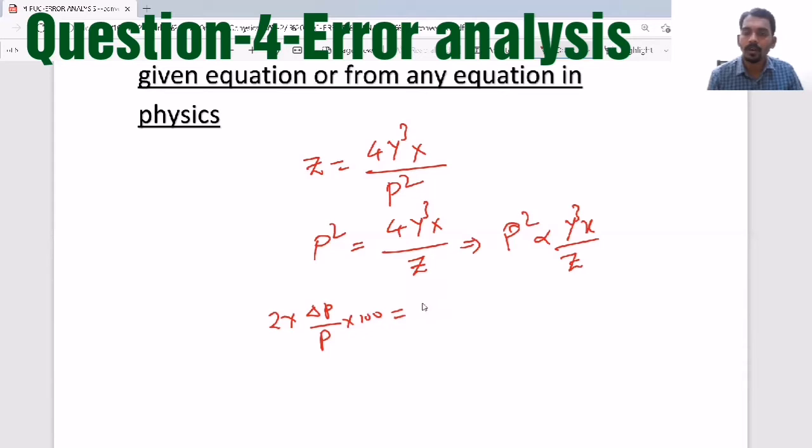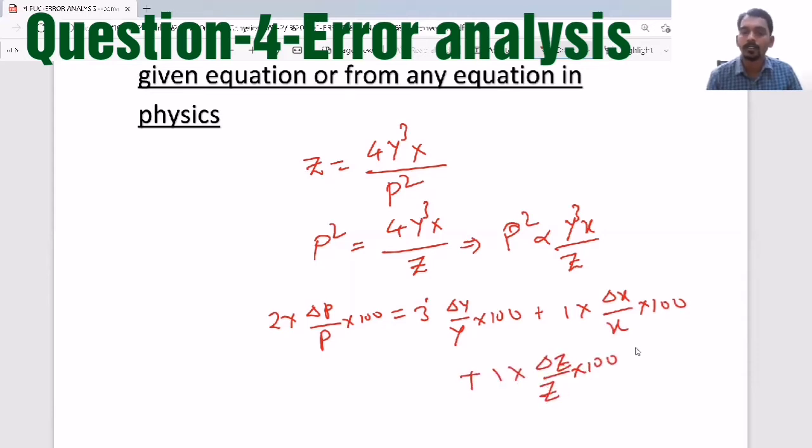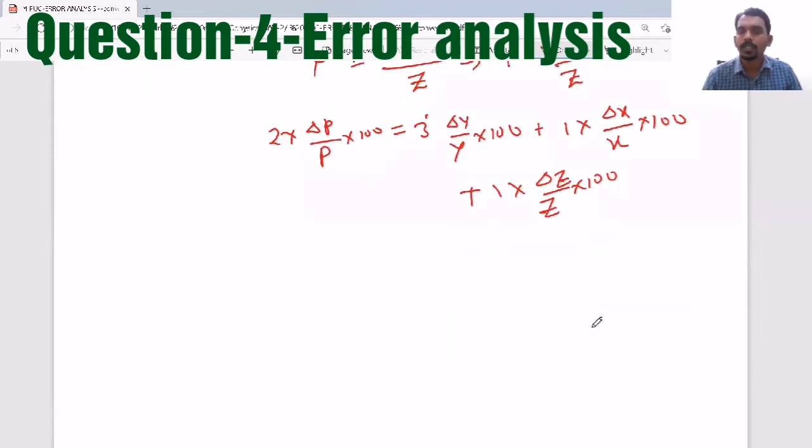And in the same way you can write the sum of errors in each quantity on the right side also, like 3 into delta y by y into 100 plus 1 into delta x by x into 100 plus 1 into delta z by z into 100. So they can give one particular relation, or else they can ask such that you can choose the relation from physics.